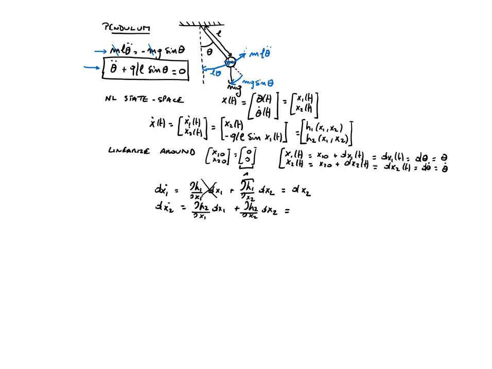Okay, so h2 does not depend on x2, so this one will give a 0, and here we have to take the, well, remember also that we have to evaluate in the working point, right?